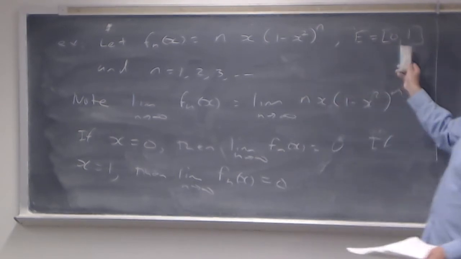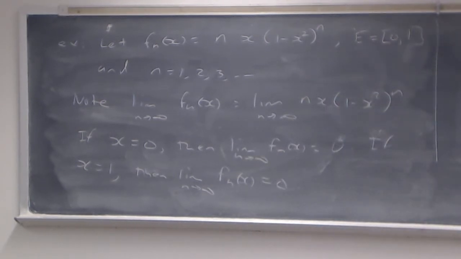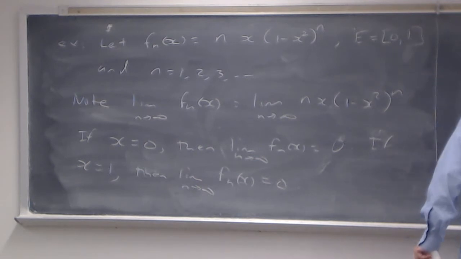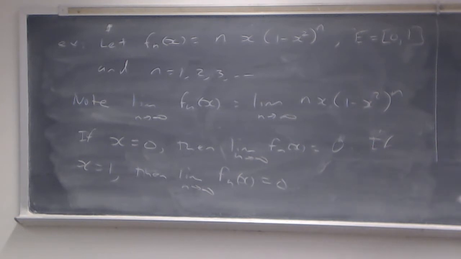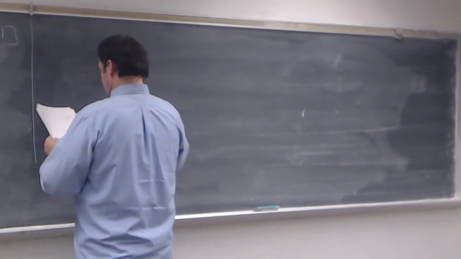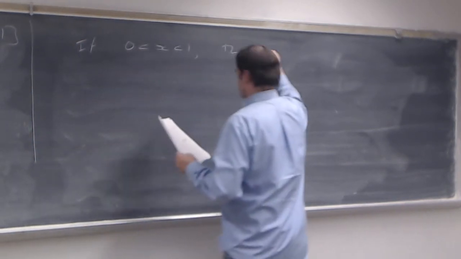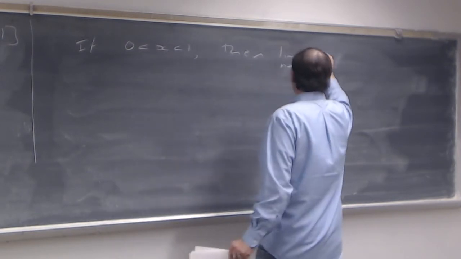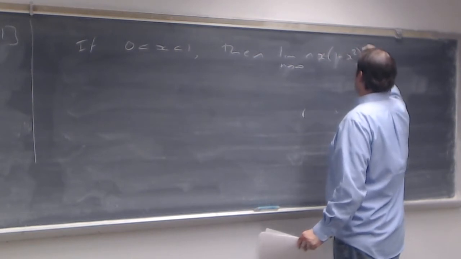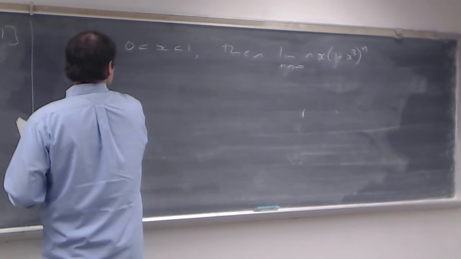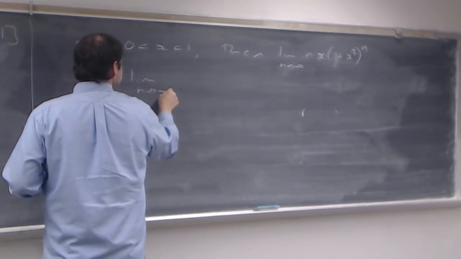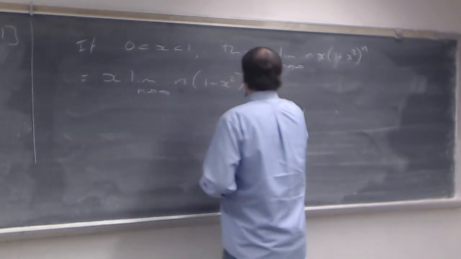But what happens for all the other x values in the domain of this function? If 0 is less than x is less than 1, then the limit as n goes to infinity of n times x times (1 minus x squared) raised to n will be equal to, when you take out the x from the limit, x times the limit as n goes to infinity of n times (1 minus x squared) raised to n.